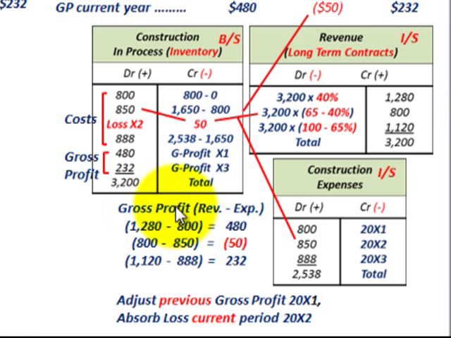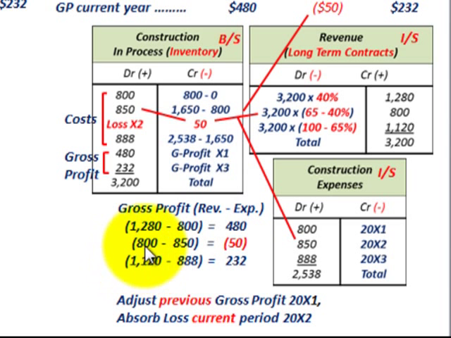So if we go down here and look at our gross profit, revenue minus expenses. Our first year, if we go through the numbers, we had revenue of 1,280, expenses of 800, so that gave us 480 in gross profit, which we recognized up here in our construction in process account. Next year, 800 in revenue minus our expenses of 850 gives us that $50 loss, which we credited to reduce our construction in process account.